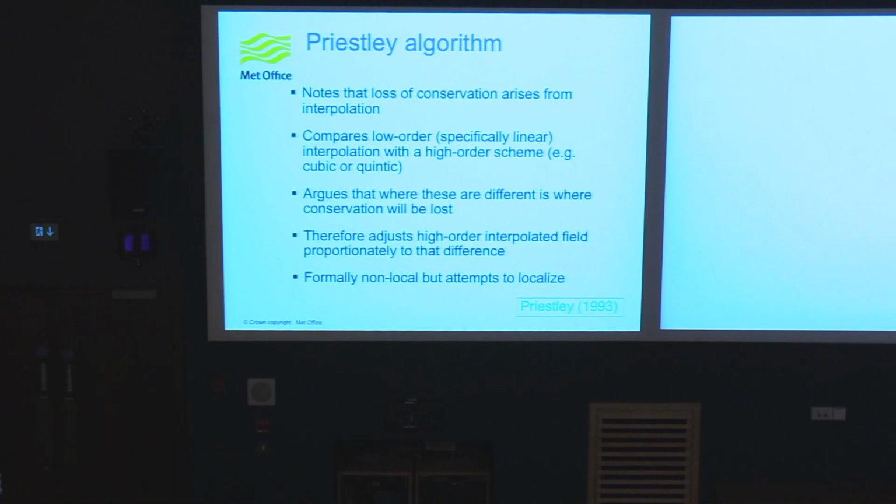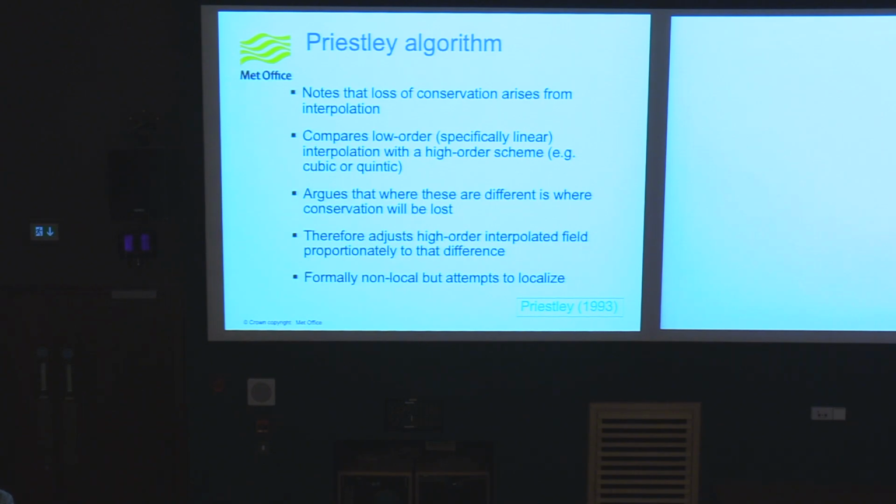It also argues that if we change the order of the scheme, so if we have a low order, not very accurate scheme, or a high order, very accurate scheme, those two will have different amounts of mass loss. And so what we can do is compare the difference. We can compare how much mass we lose using a low order scheme with how much mass we lose with a high order scheme.